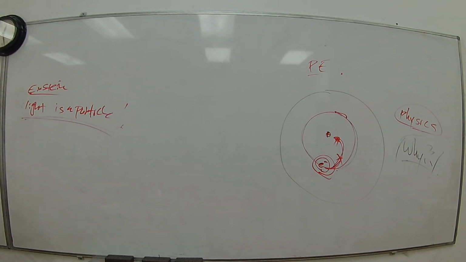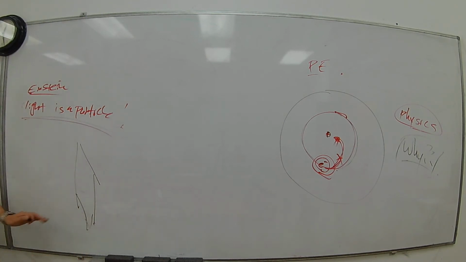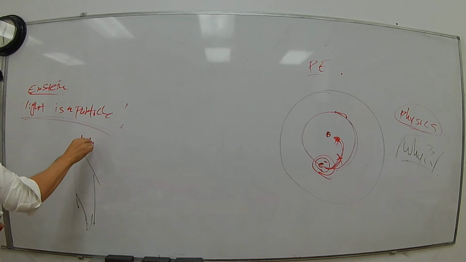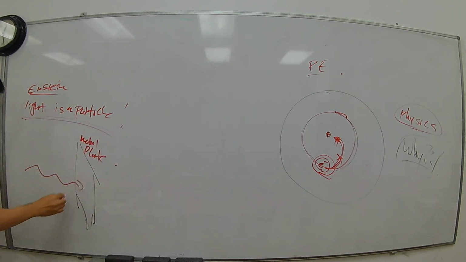It's similar to the gold foil experiment, but a completely different idea. He had a metal plate, and he shined light onto the metal plate.